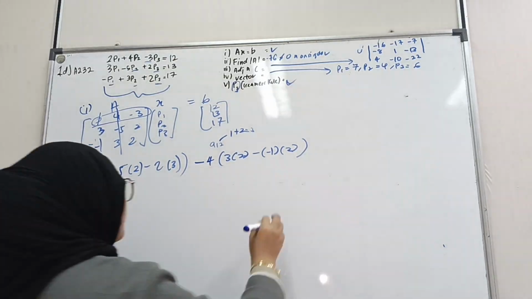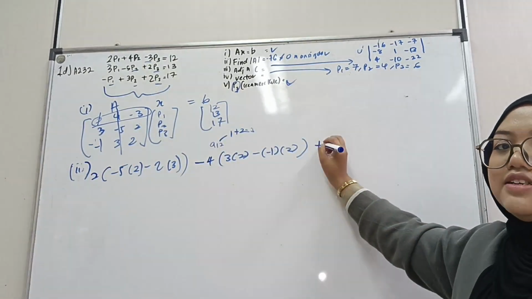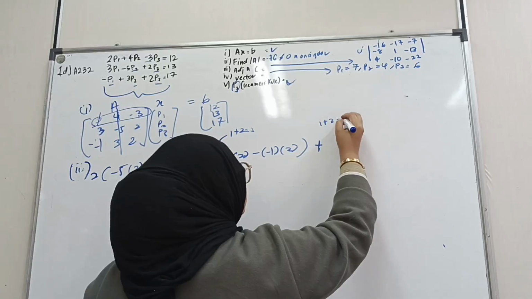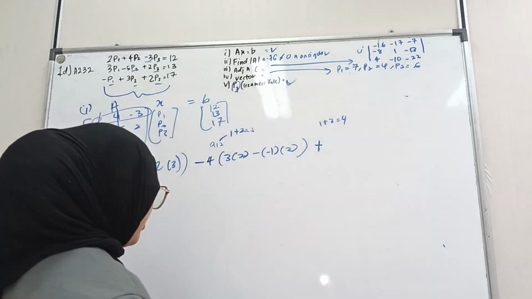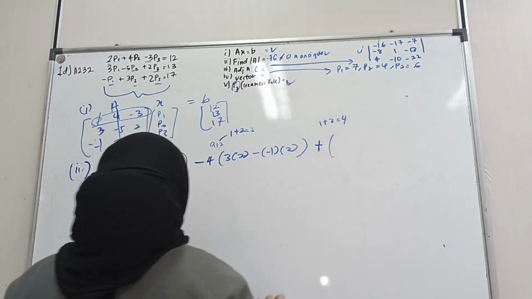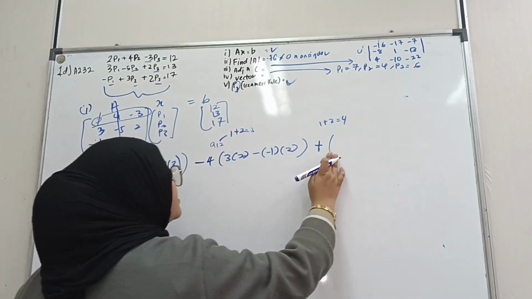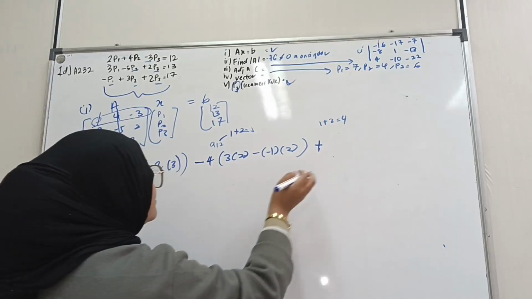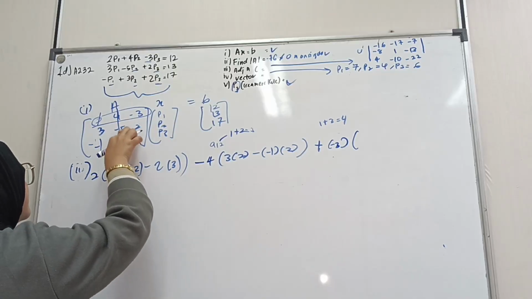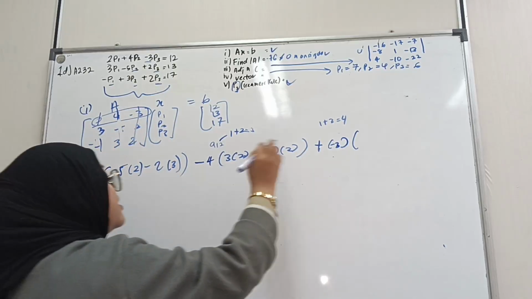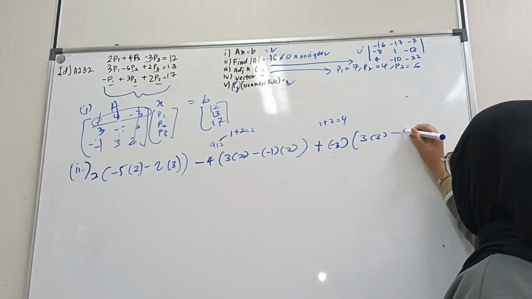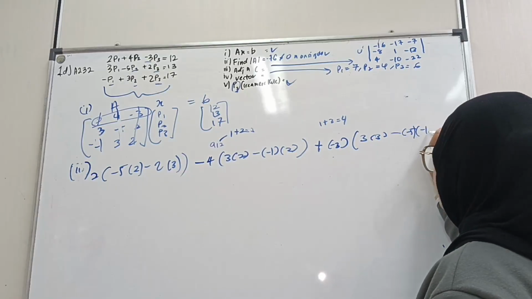Easy, right? After that, we put the rest, because right here the position is 1 plus 3, which is 4, even. So we put the plus. The number out of the bracket is the -3. In the bracket, as you can see, 3 multiply 3 minus -5 minus -1.